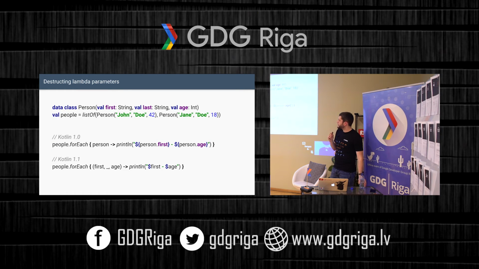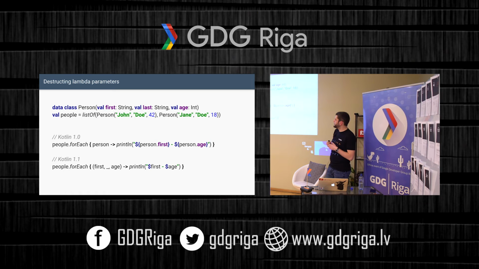Yeah, destructuring lambda parameters, what I was missing. Right now, if the person is a data class, you can access its methods, its fields like that.